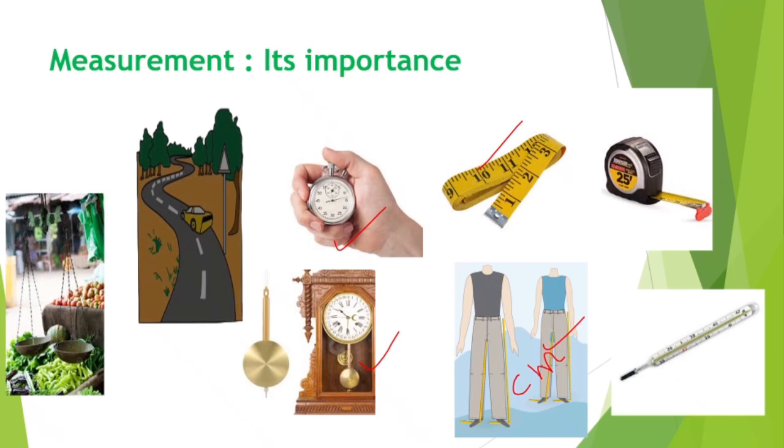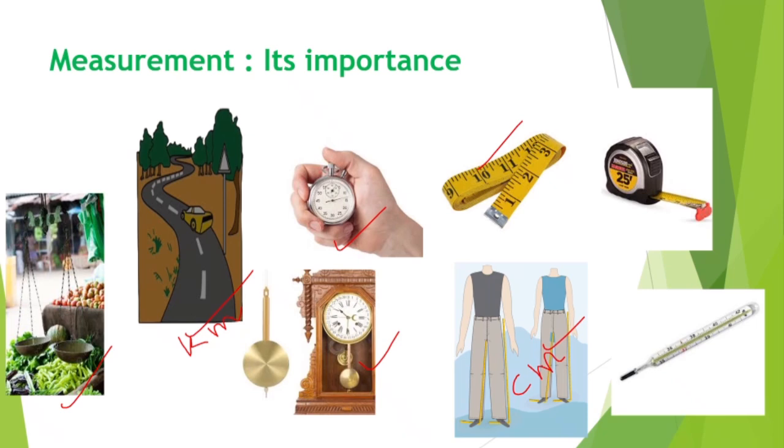And this is the road map. For what do we use it? To measure the distance from one place to another place, right? In kilometers. Understand? See, what is this? This is a beam balance, right? So when we are going to buy vegetables or fruits, we tell the vendor, please give 1 kg of tomato.